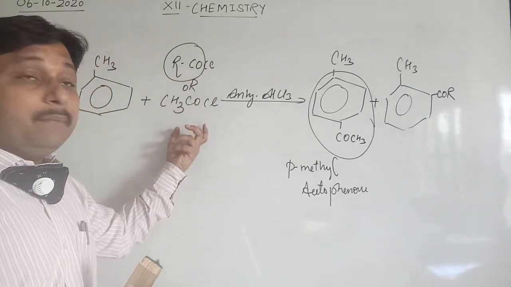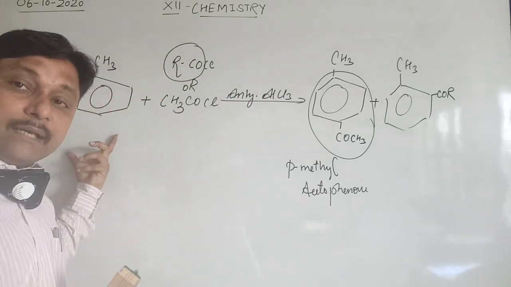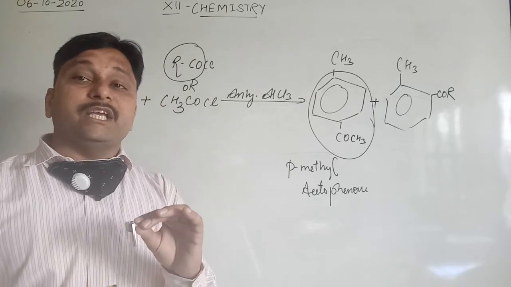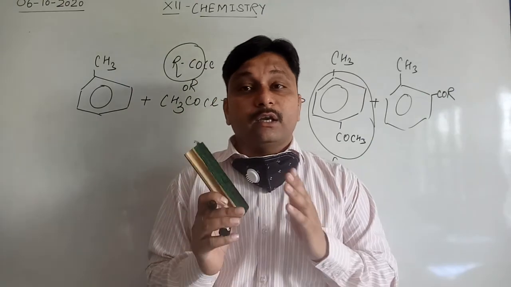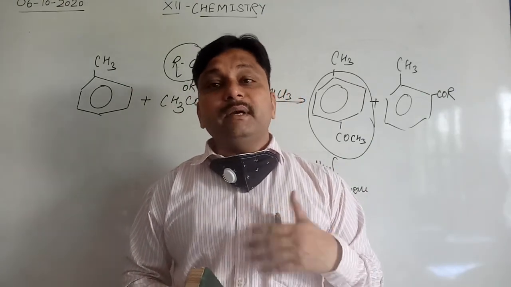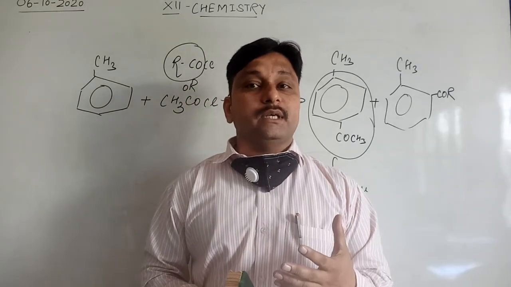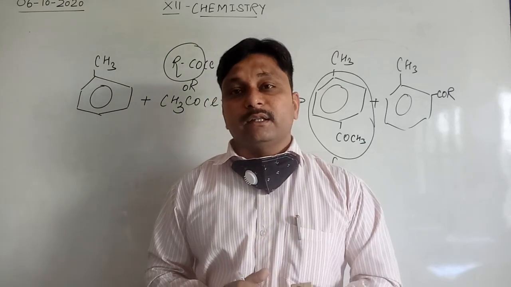When the acylinium ion attacks aromatic compounds in anhydrous conditions, this reaction is known as Friedel-Crafts acylation. So all these are the preparations of aldehydes, ketones, and both aldehydes and ketones. Clear? Now we will discuss the physical properties and chemical properties of aldehydes and ketones, and next the carboxylic acids. Clear? Thank you, students.